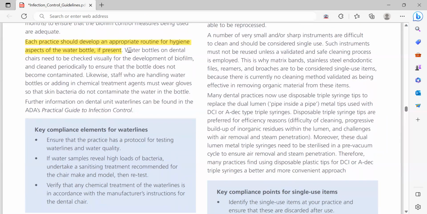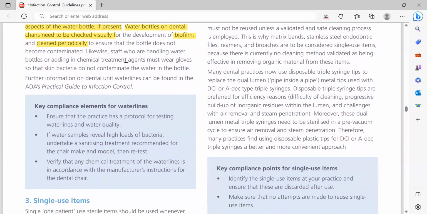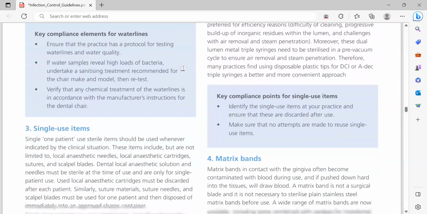Water bottles on the dental chair need to be checked visually for any development of biofilms, and they should be cleaned periodically to ensure that the bottle does not become contaminated. Likewise, staff who are handling water bottles or adding chemical treatment agents must wear gloves so that skin bacteria do not contaminate the water in the bottle.